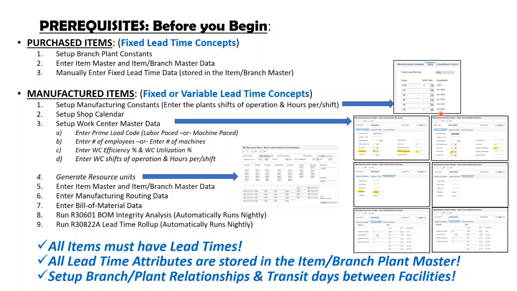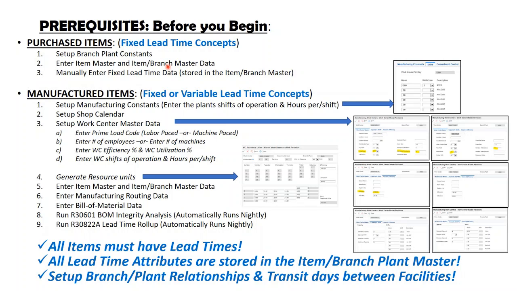First, when we break the prerequisites down into prerequisite for purchase items and prerequisite for manufactured items, for purchase items, which we know will always use fixed lead time concepts, users should be aware of the branch plant constants and the values set that establish the facilities in which we will operate in.